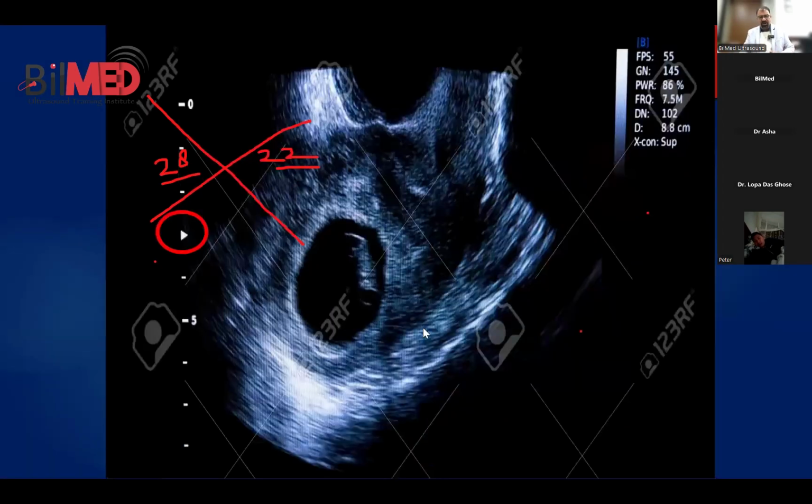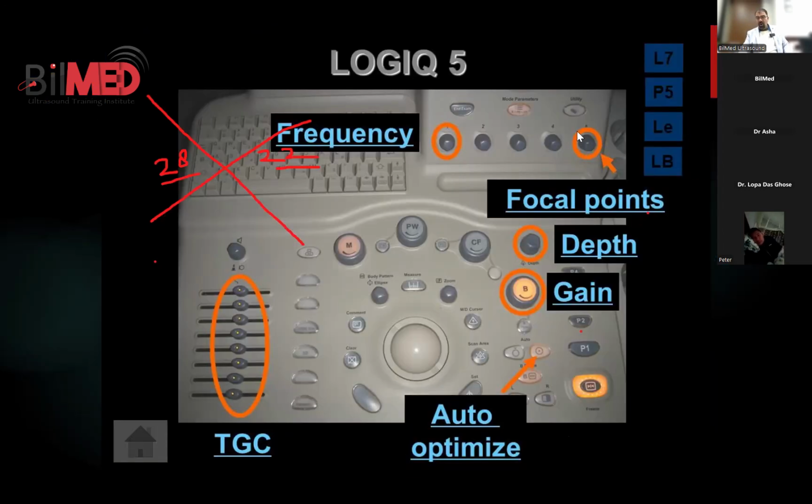So I will not discuss in detail here what these focal zones are for, because this is already covered in detail in the knobology class. So the answer to the question is that there is a knob. You have to search for that knob, and it is here in this machine. In your machine, I don't know where that knob is.